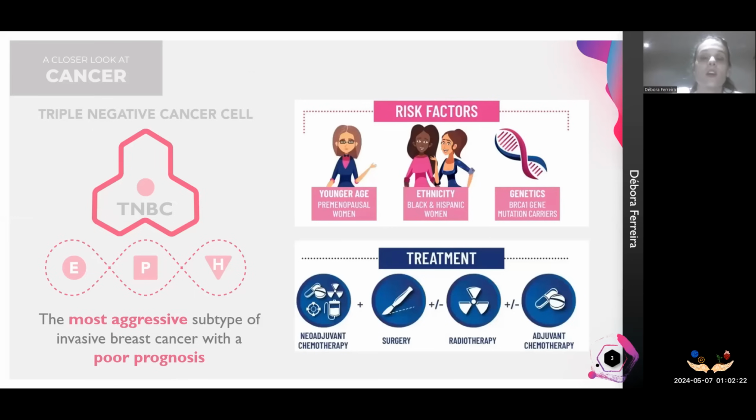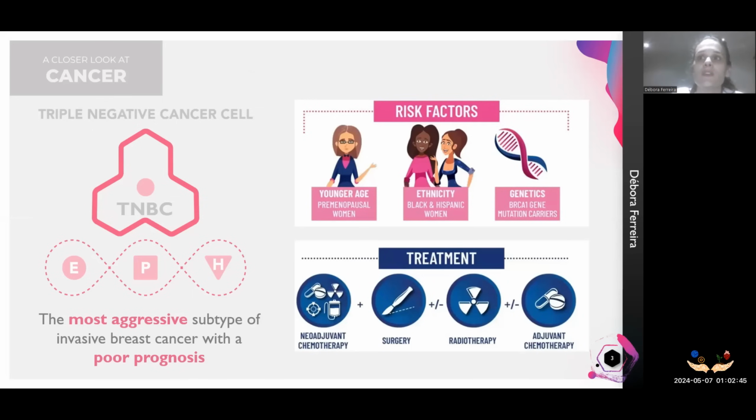Despite the enormous advantages that we have, we can see in science, conventional chemotherapy is often still the frontline treatment for this type of breast cancer. It is normally administered in a neoadjuvant way to shrink the tumor before the surgery.